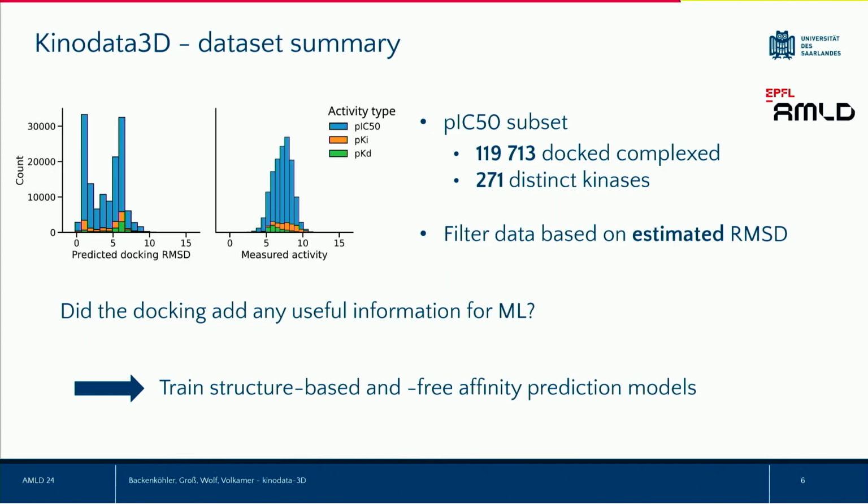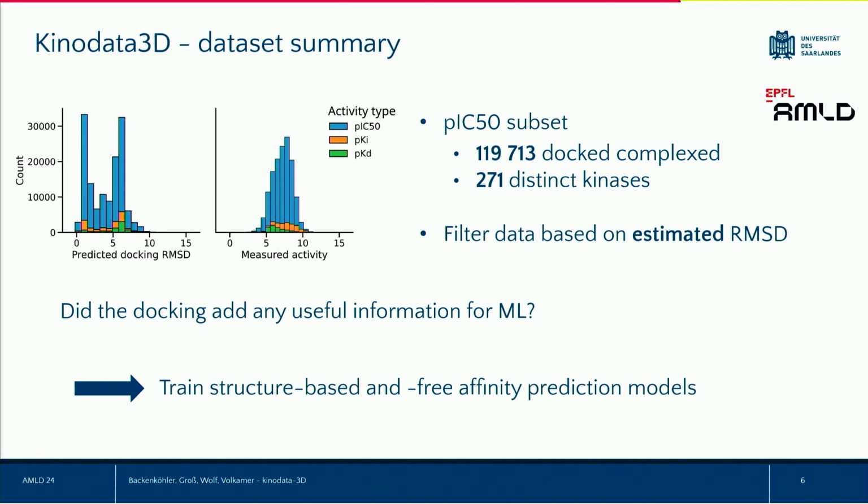So if we apply this pipeline, we get out about 120,000 data points, which is a lot better than the 6,000 we had before. These mostly span pIC50 values on the right-hand side that are in the active area, naturally, because people tend to report actives more than inactives. But still, we have a pretty okayish range of values in our data set.